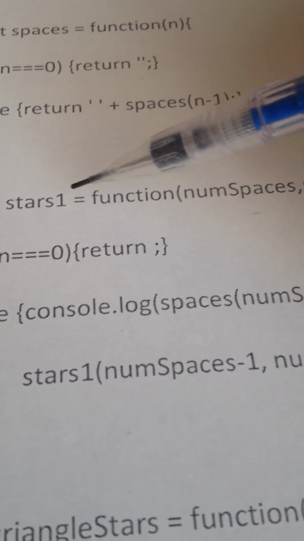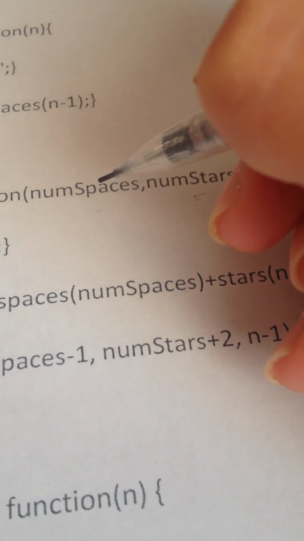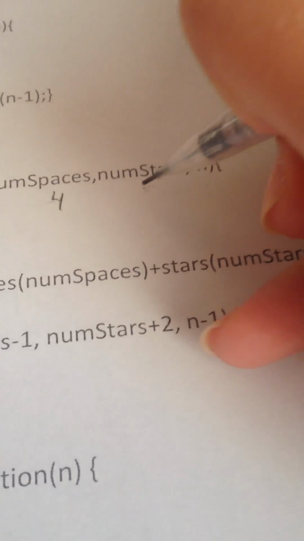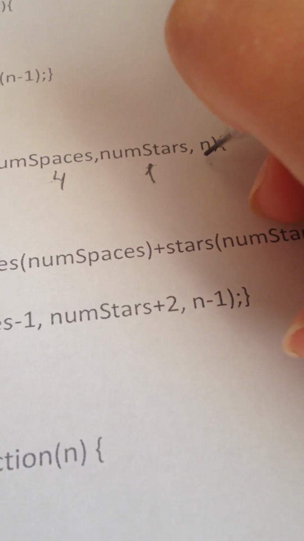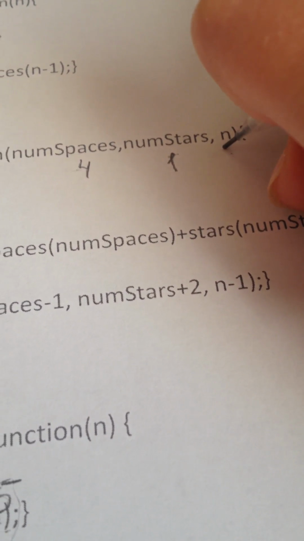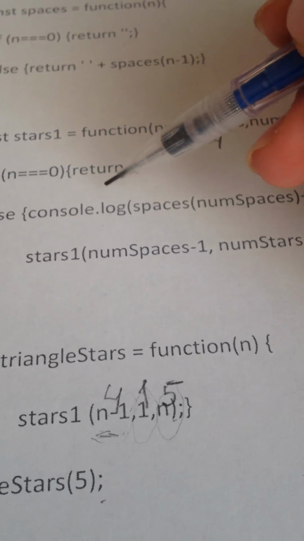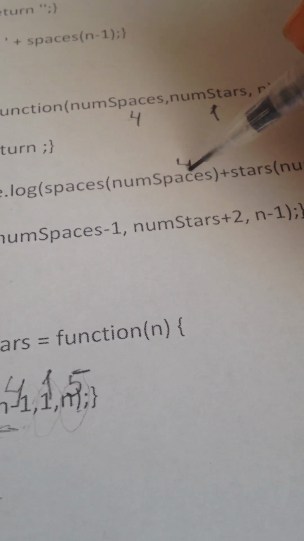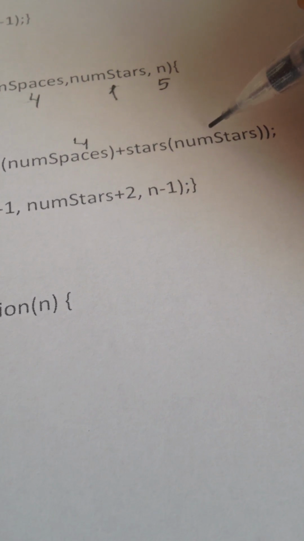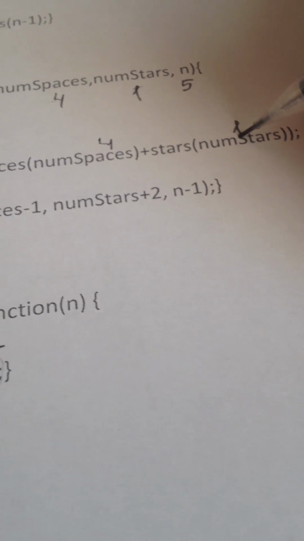So the stars1 function is over here. Here we have the number of spaces being 4, the number of stars being 1, and the height being 5. So here it is going to console log the spaces function with a 4 concatenated with the stars 1.